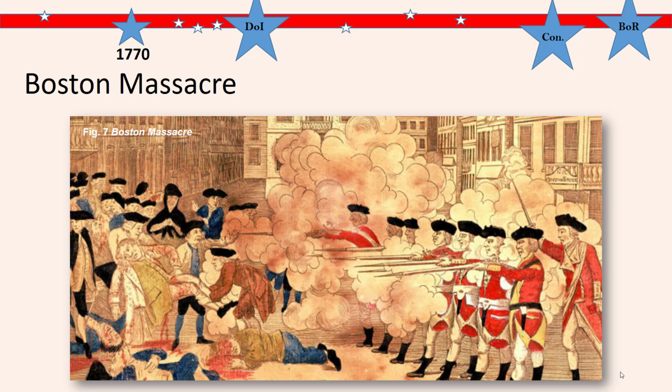The Boston Massacre happened on March 5th, 1770. There's almost a mythology about this event, so I'm not going to explore the whole range of theories on how this started, but in short, colonists were antagonizing a lone British soldier. I think there's general consensus that it started with pelting him with snowballs.